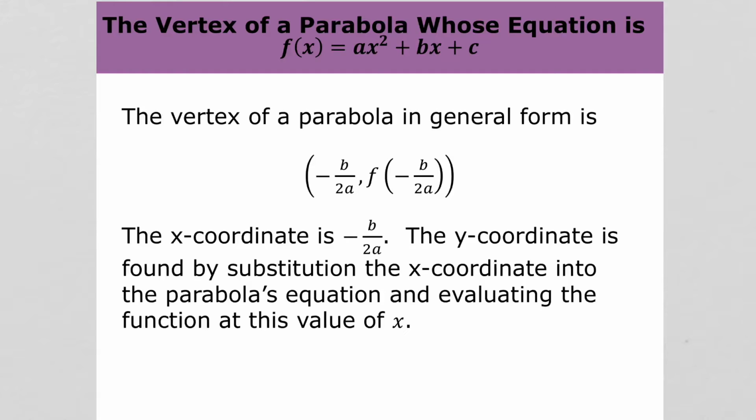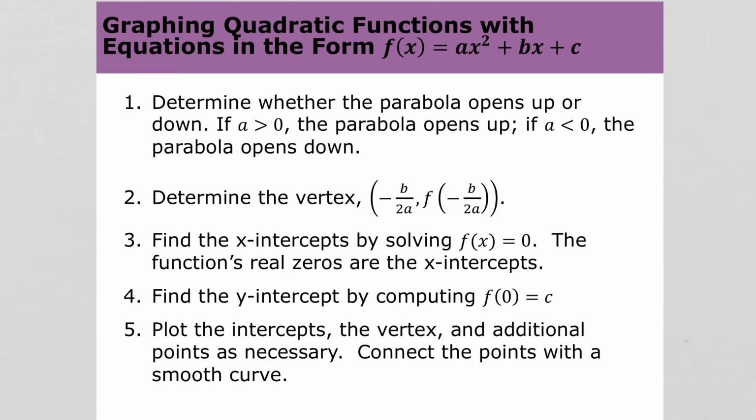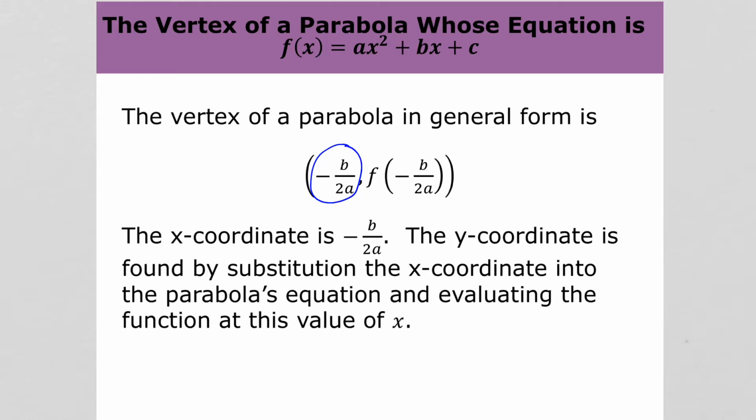So when you're trying to find the vertex of a parabola when it's in general form, then you'll use x equals negative b over 2a. That also tells you the axis of symmetry.